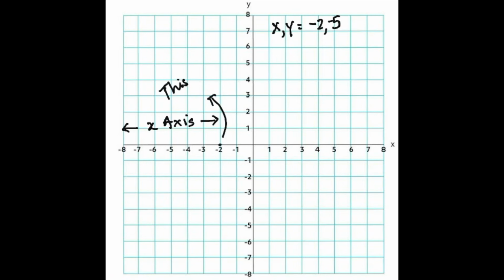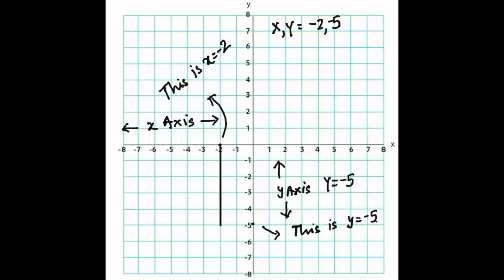So this point is x-axis -2 and this is the y-axis negative side. So on this negative side we have to find y equal to -5. So this point is y equal to -5. Now let's draw the lines. Now this point which I am marking with dots is point B, which is (-2, -5).